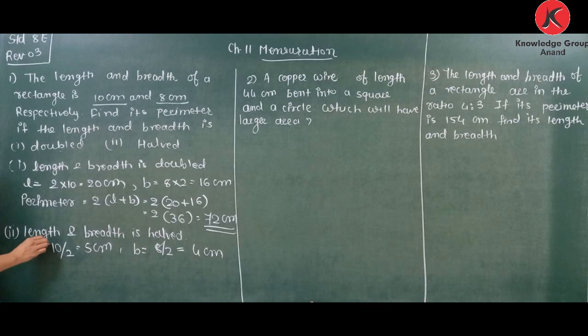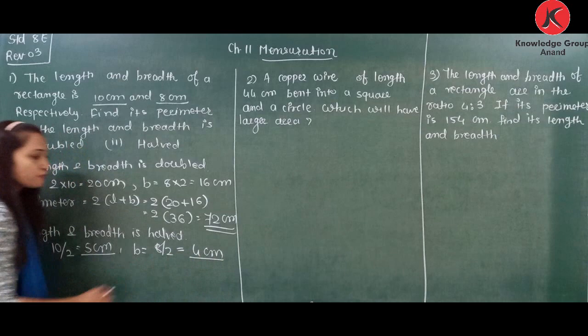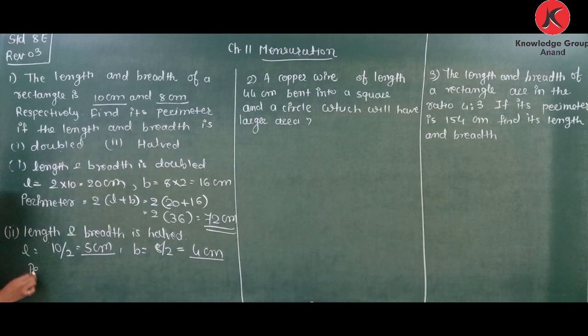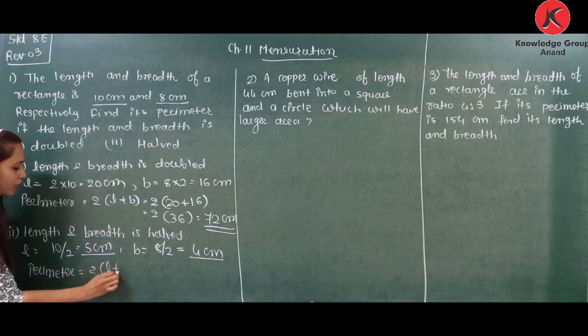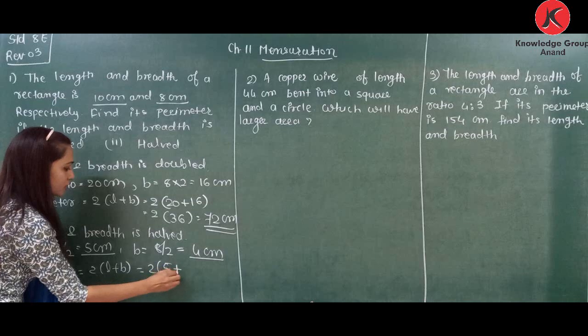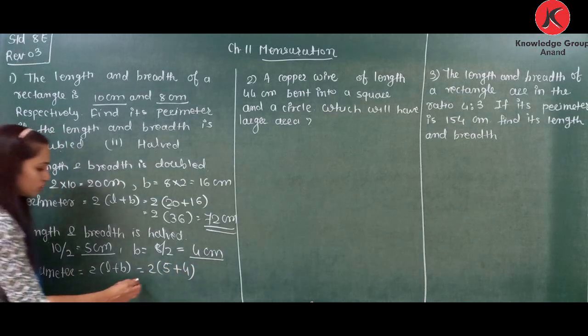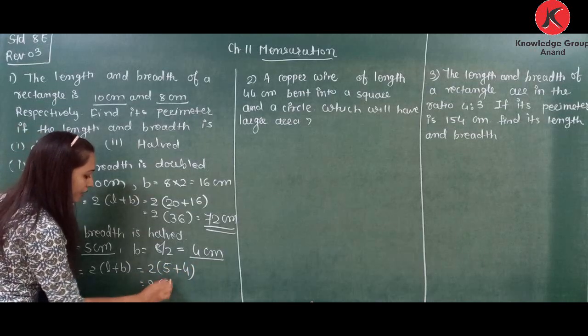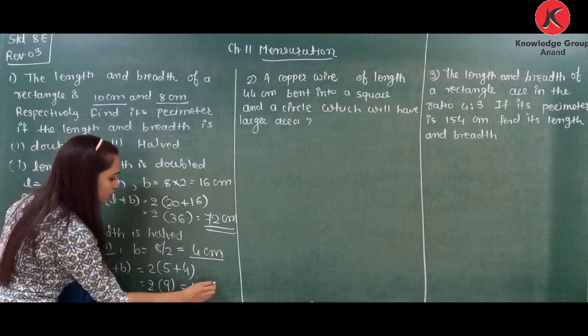So perimeter is equal to 2 times (L plus B). Now we have length 5, breadth 4. So that is 2 multiplied by 9, so it is 18 centimeter.